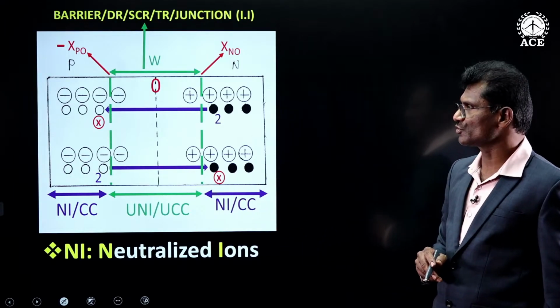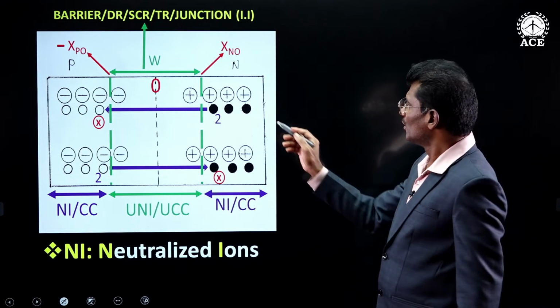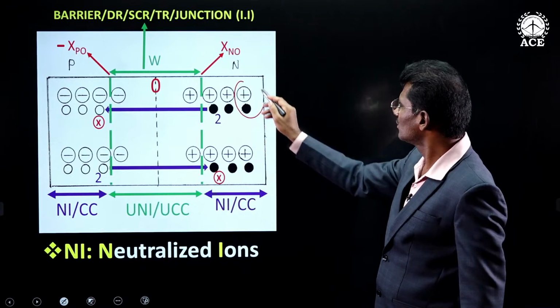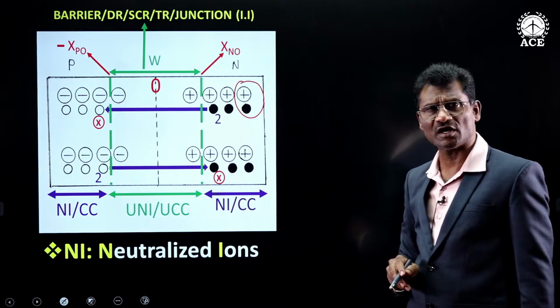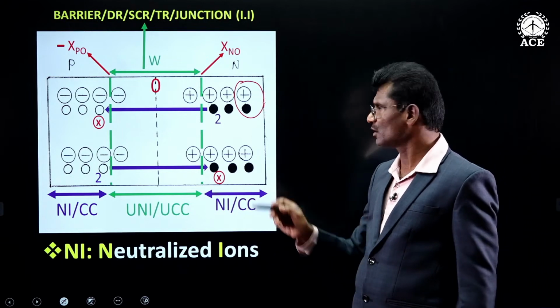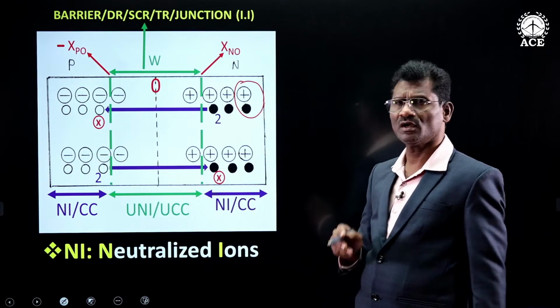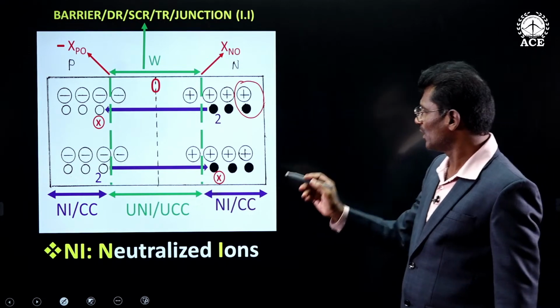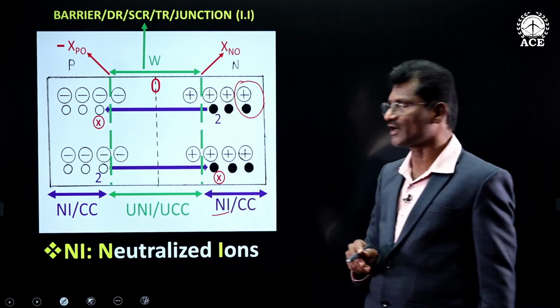Now we come to the next notation. See, if you look at this, actually we have a positively charged donor ion, but due to excess electron it has become neutral. And hence called neutralized ion.